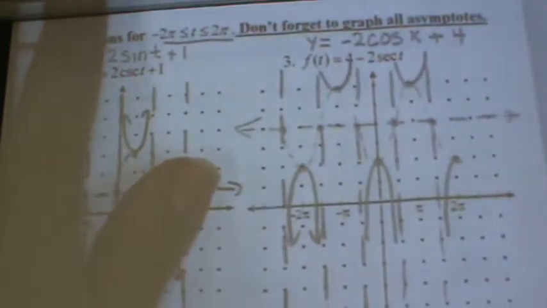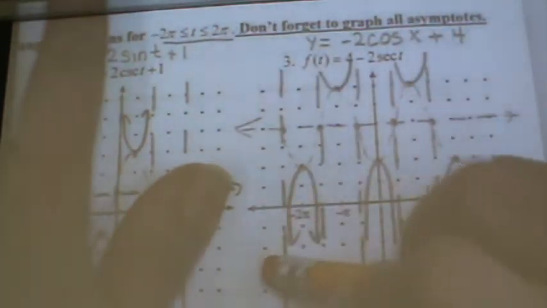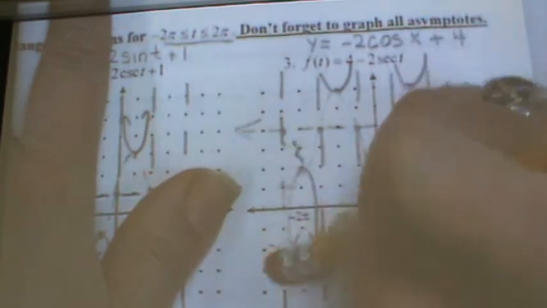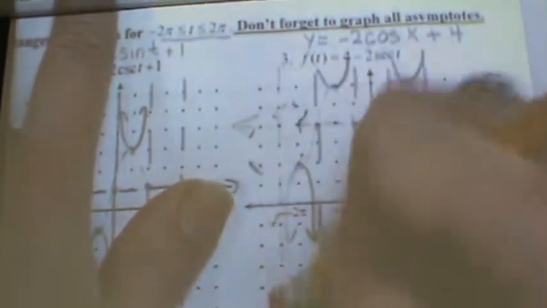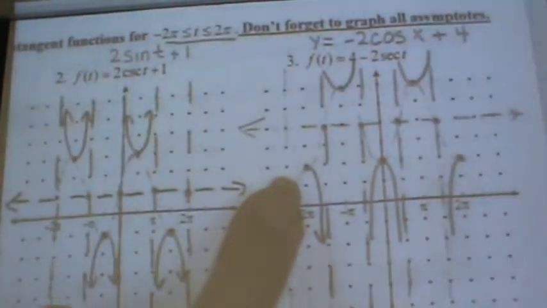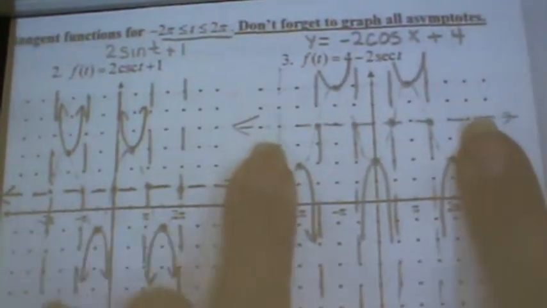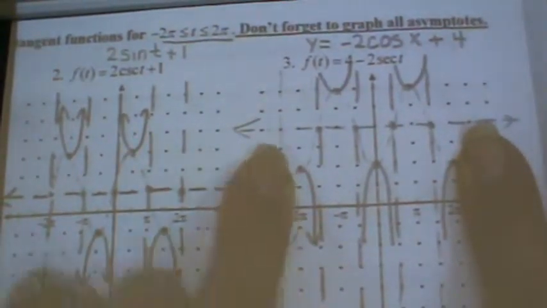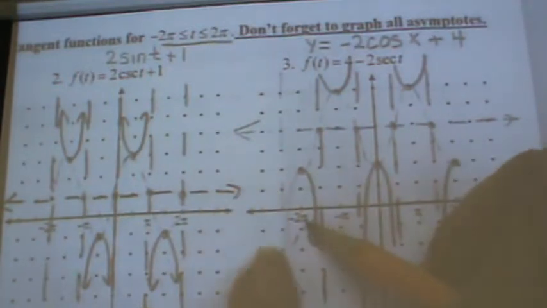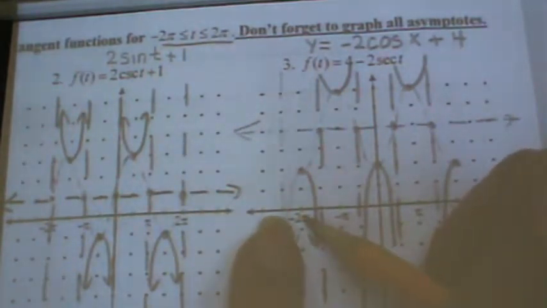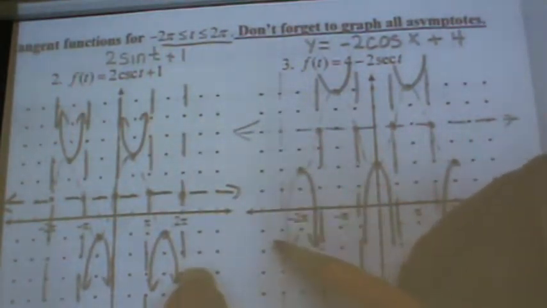Now, actually, I did a boo-boo. Right here, I should have stopped. And I shouldn't have put this asymptote in. Why? Because in the directions, it says graph from -2 pi to 2 pi. So they only want from here to here. So don't give more than what they're asking for. If it says negative 2 pi, do not extend past negative 2 pi.